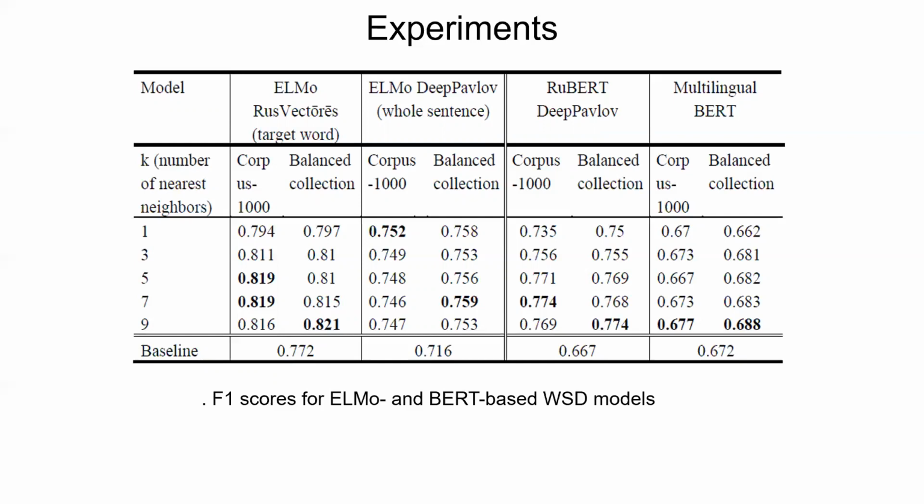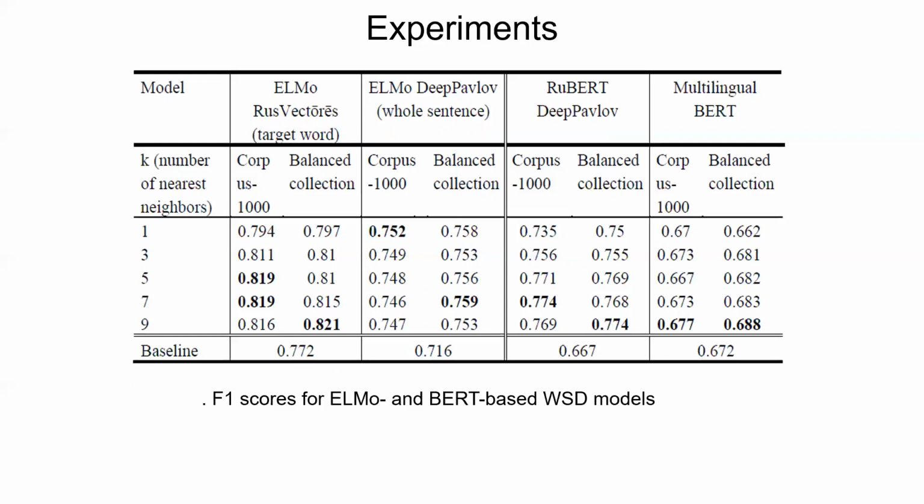The algorithm based on the ELMo pre-trained embeddings by RuWordNet outperformed all other models, achieving a 0.821 F1 score. The second best model is the RuBERT by DeepPavlov, followed by the ELMo model by DeepPavlov. The lowest F1 score belongs to multilingual BERT.